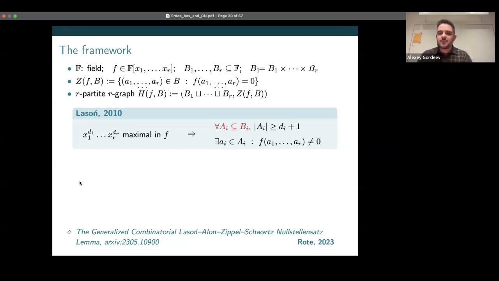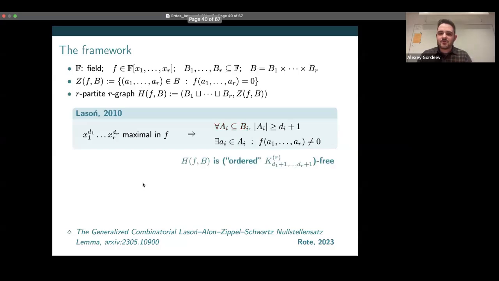But what does it mean now? We have our big r-partite graph H of F and B. What the theorem of Alon says is that if we take a subgraph H of F, A for any product set A in which the part Ai has size at least di plus 1, we would always find a non-zero point.